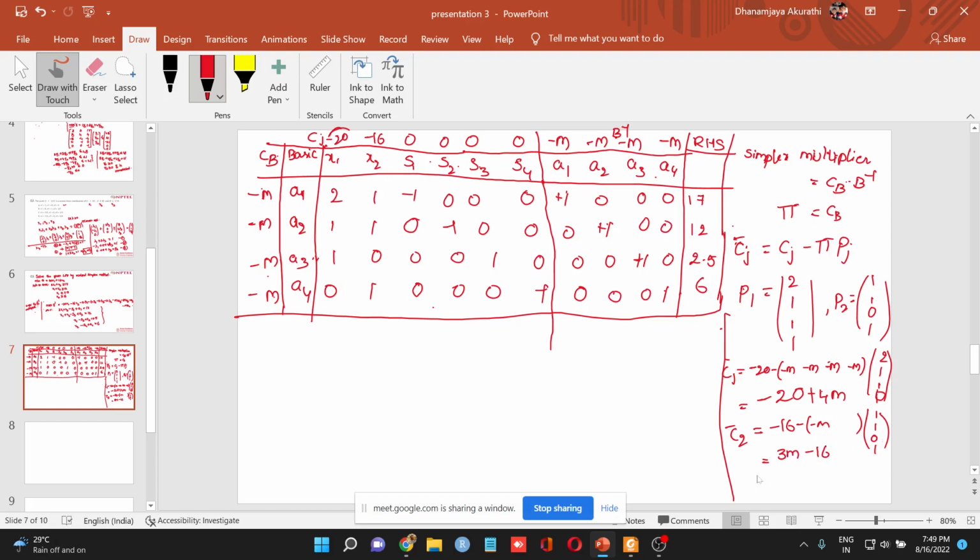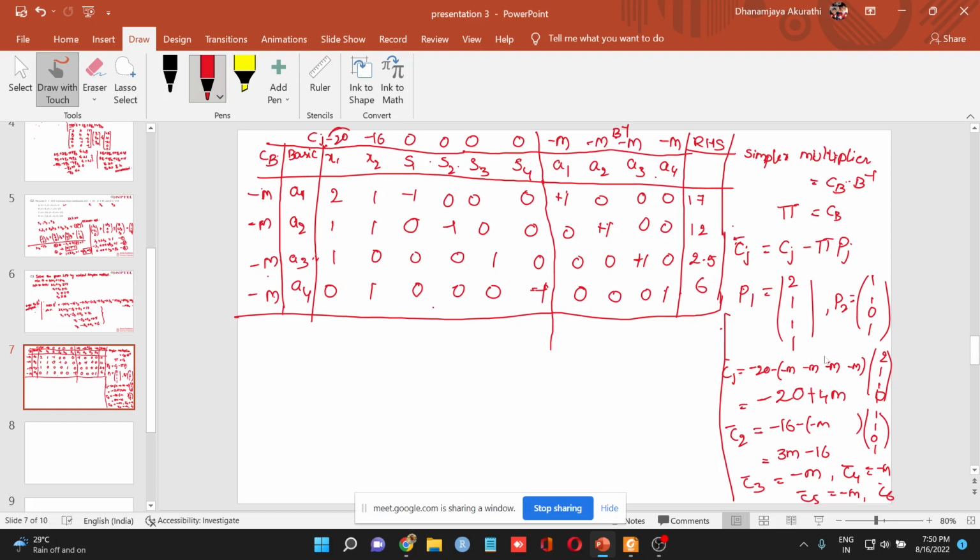Okay, 1 2 3. And in the similar way, C3 bar we may get as minus m, and C4 bar is also minus m, and C5 bar is minus m, and C6 bar is also minus m. Please check it. I get those. Is it the same for you or not?